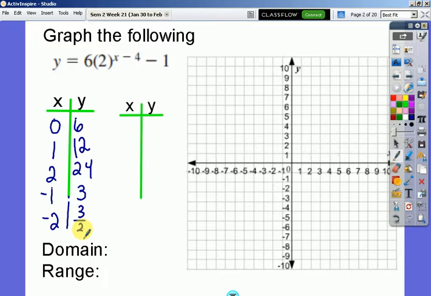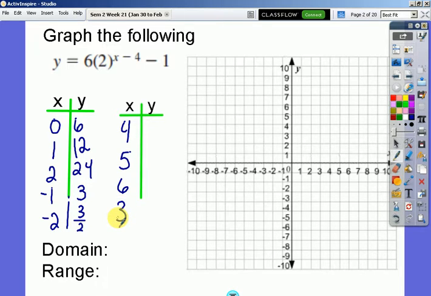Now, how will these translations affect the x's? You're going to add 4 to each of them, right? So 0 becomes a +4, 1 becomes a what? A 5, 2 becomes 6, -1 becomes, well, when you add 4 to -1, you get 3, right?